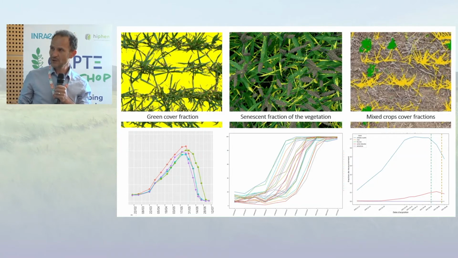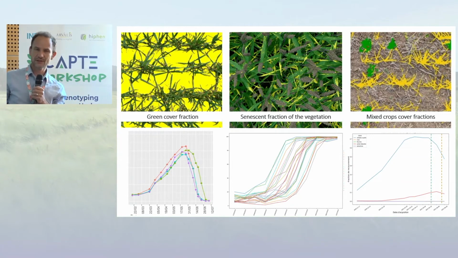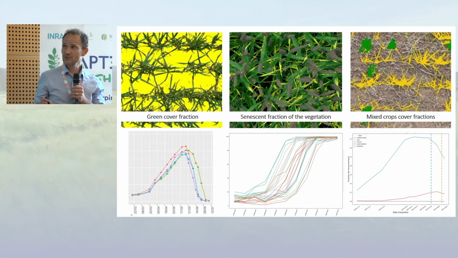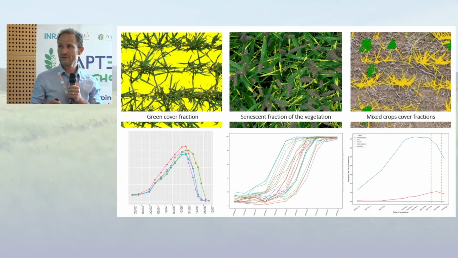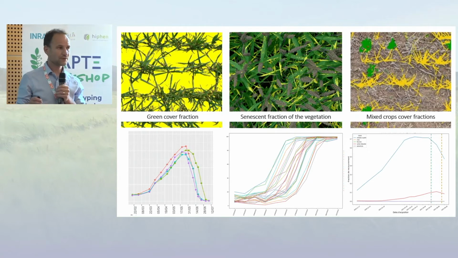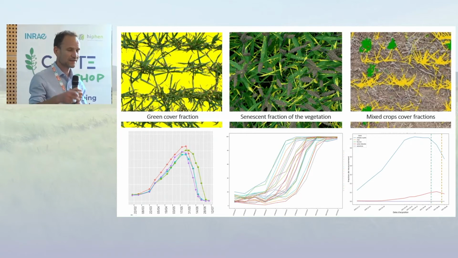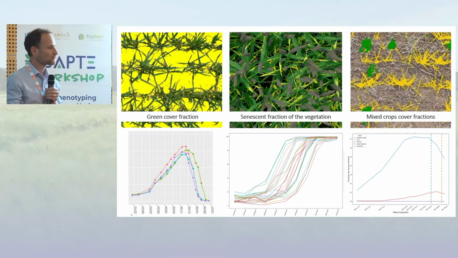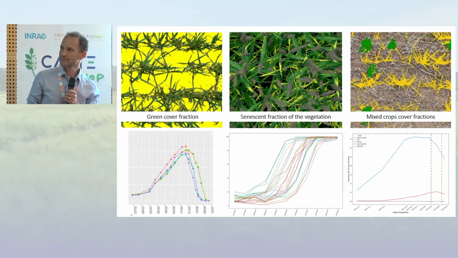Then we can work on the senescent fraction of the vegetation, or only of the leaves in this case. We remove all the background, the wheat heads and the stems, and only focus on the leaves. For these leaves, we classify what is green and non-green. With this, we can have quite clean senescence dynamics as a percentage of the foliar area.